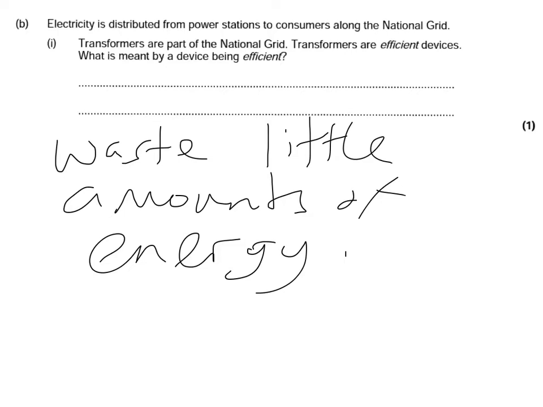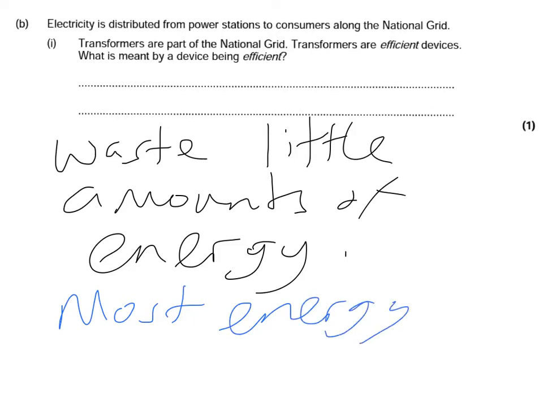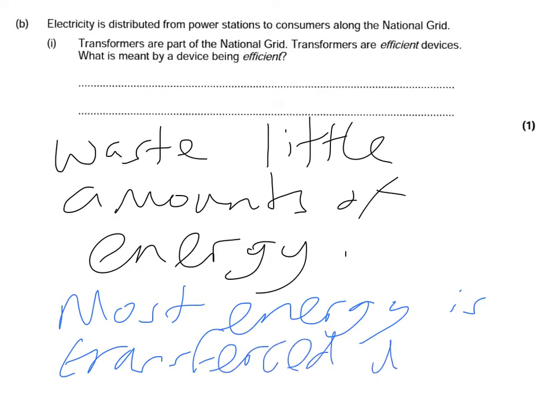You can also have the reverse argument, which is that most energy is transferred usefully. And it's a mark for either one of those, but remember, you've only got a maximum of 1 mark.